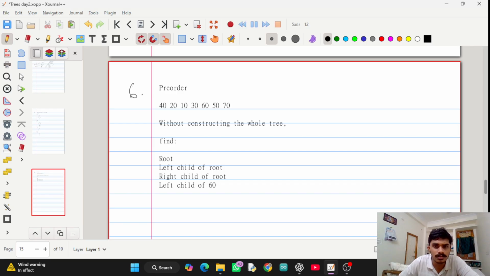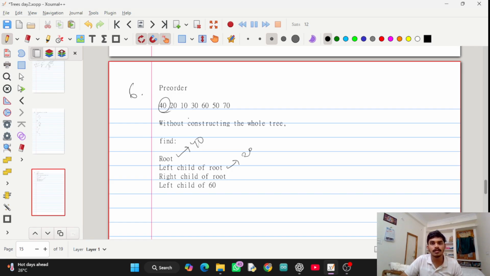Pre-order: without constructing the whole tree, find the root. Of course, the root is this. Done. Root is 40. Left child of the root? If I construct a tree, it will be 20, because it's first.